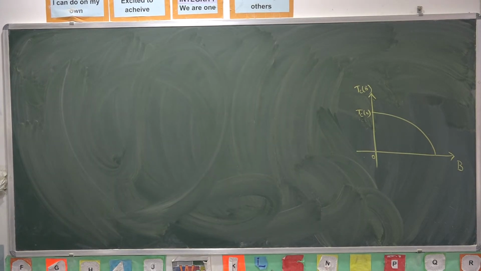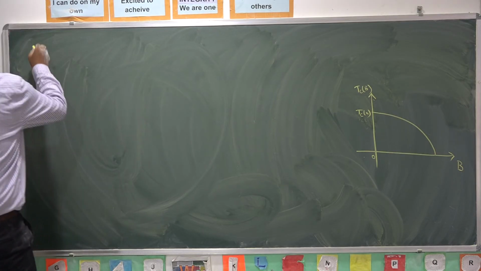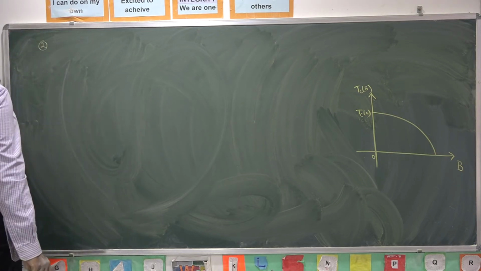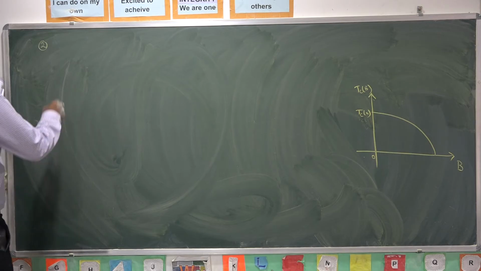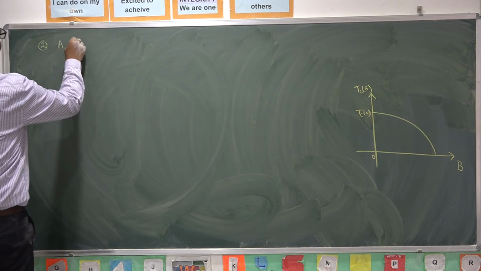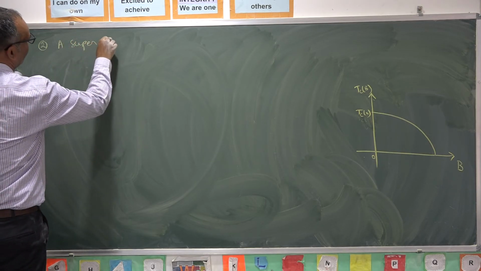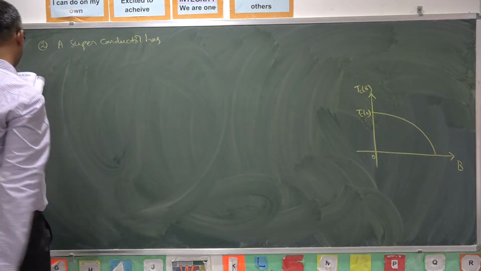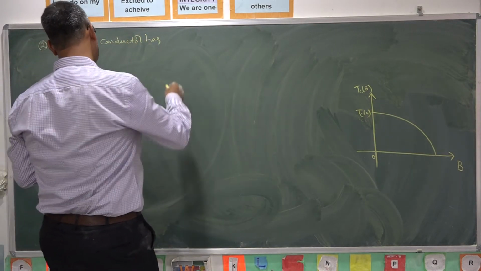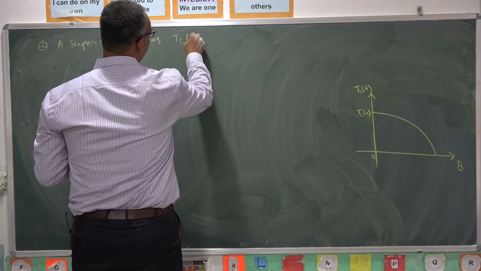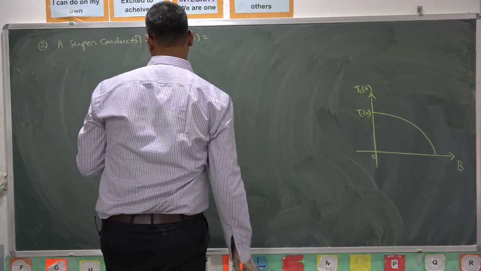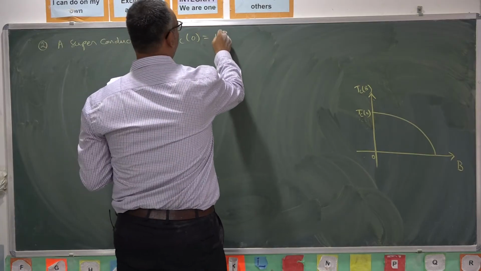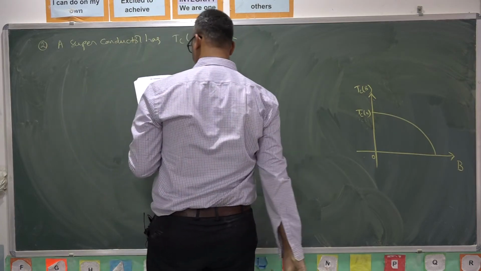The second question based on this paragraph is like this. A superconductor has a critical temperature, at which the resistance becomes 0, of 100 Kelvin.